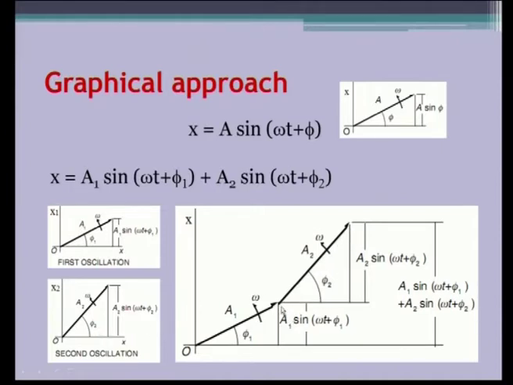The phi 2 has to be again measured with respect to the horizontal. Now, what about the resultant? The resultant is the line joining the tail of the first and head of the last. So, this could be the resultant, which is not shown in this, but the arrangement is explained here. So, this is how the graphical analysis is done.